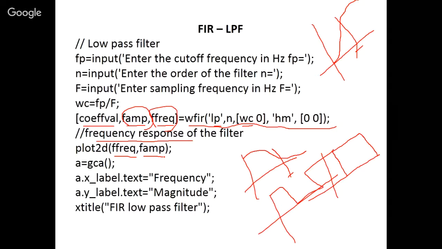If you want to plot the filter coefficients, then we will give COEFFVAL with respect to the frequency f, right? That is the type of plot you will get. After that, frequency, magnitude, and this is your title, that is FIR low pass filter. Thus we can see how it works in Scilab.